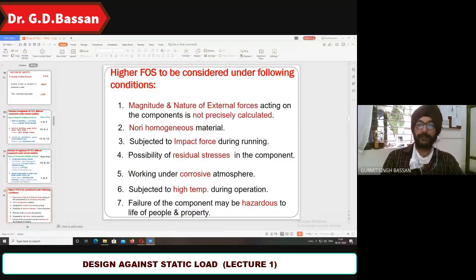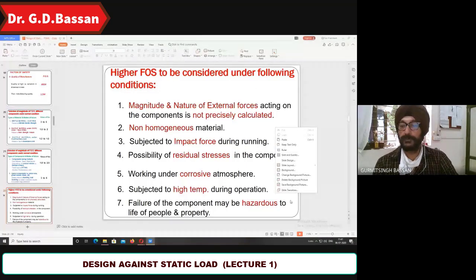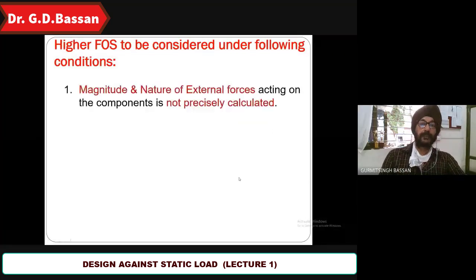Now the higher factor of safety: in which conditions are we going to go for the higher factor of safety? When the magnitude and the nature of external forces is not precisely calculated.